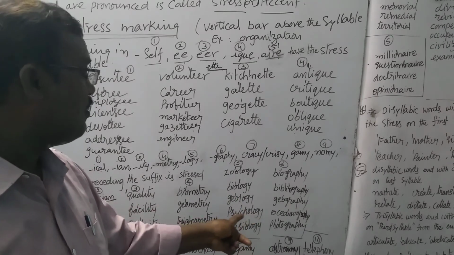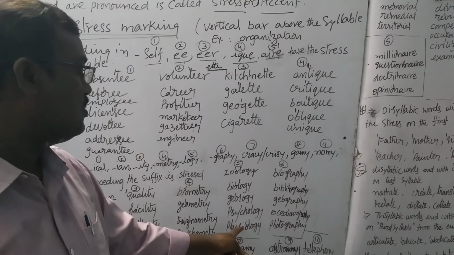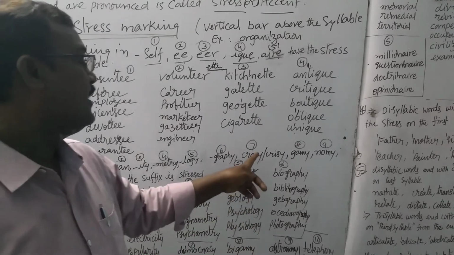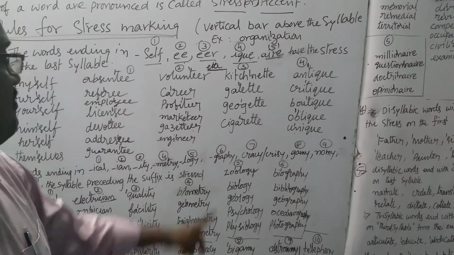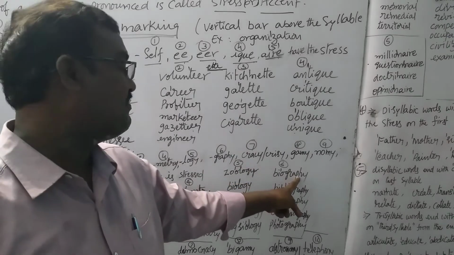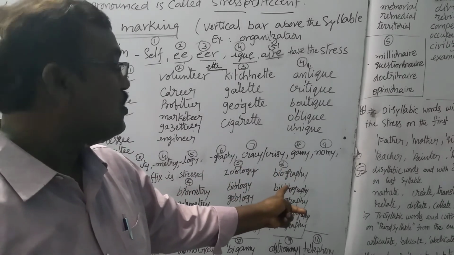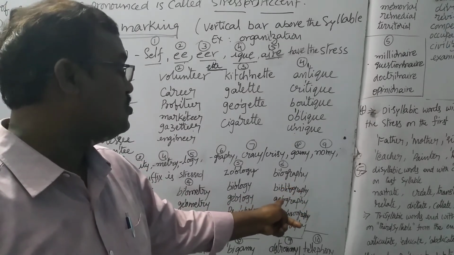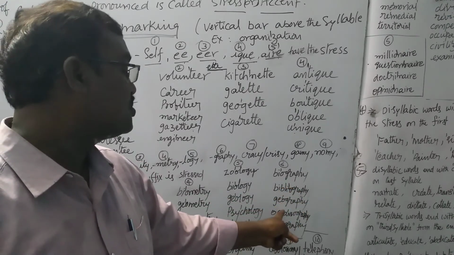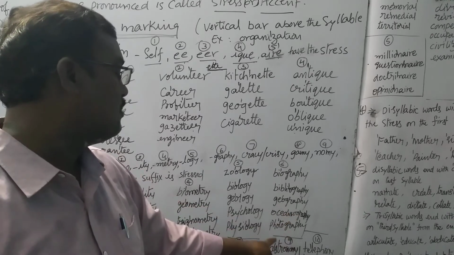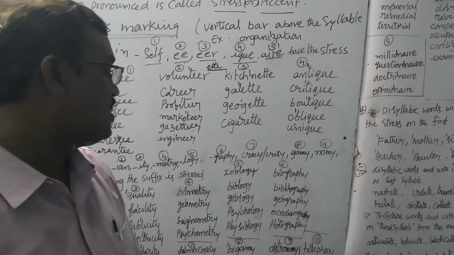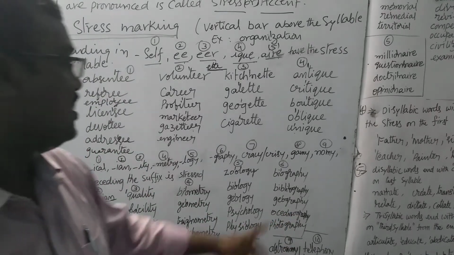Psychology, ecology, physiology: like that. Now -graphy: graphy is the suffix. Biography, stress o. Bibliography, stress o. Geography, stress o. Oceanography, stress a. Photography, stress to. Like that we have to keep.